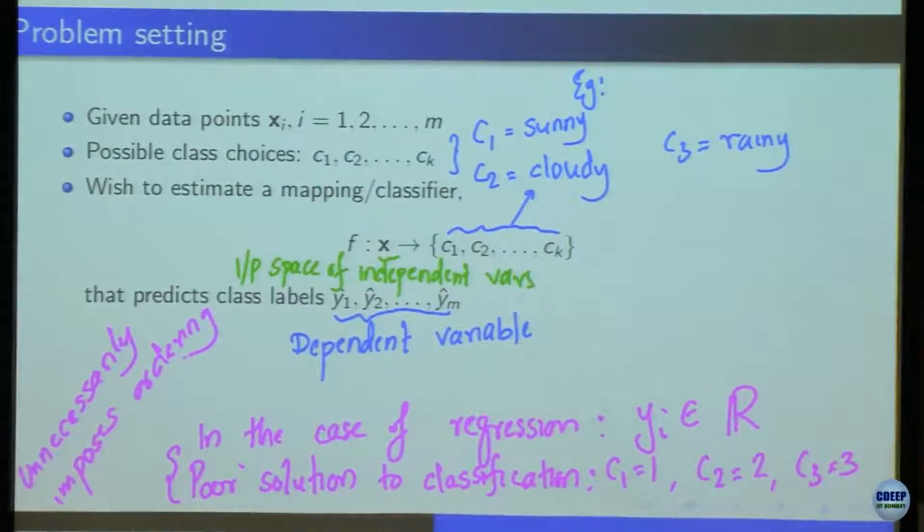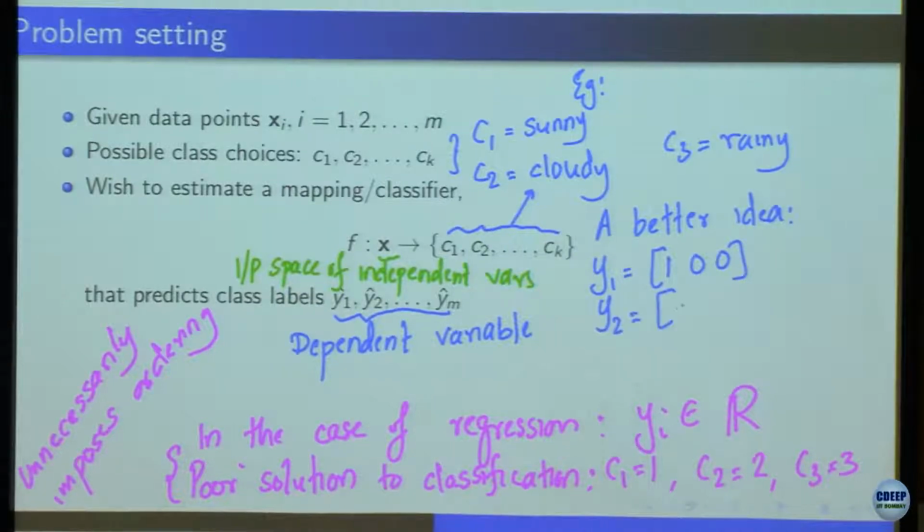Okay, a slightly less poor man's solution is what? Instead of y being a scalar, I could make y into a vector, and that is often done. So a better idea could be that y1 is represented as 1 in the first position and 0 in the other two positions, y2 is 0 1 0, y3 is 0 0 1.